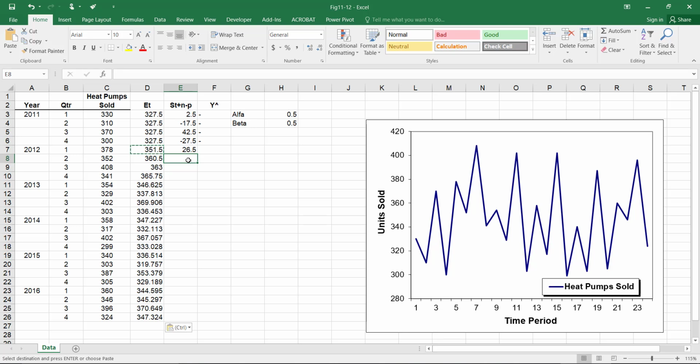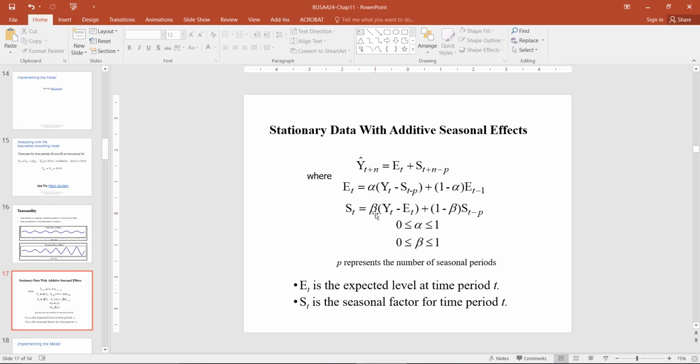Now let's work on the st plus n minus p. So again, let's go back to the equation. St is beta times yt minus et, plus 1 minus beta times st minus p.